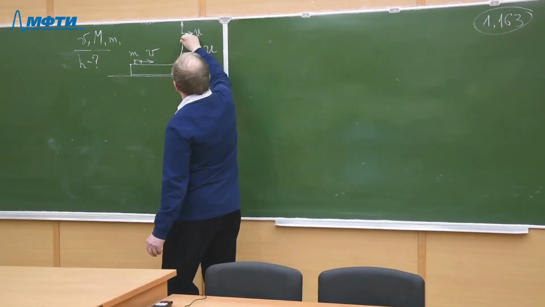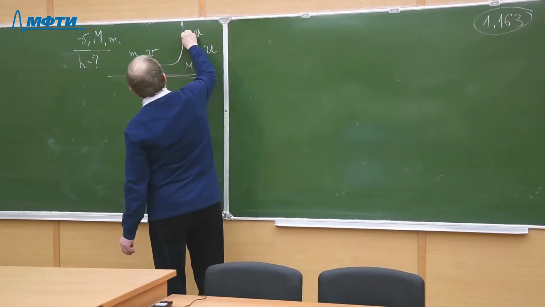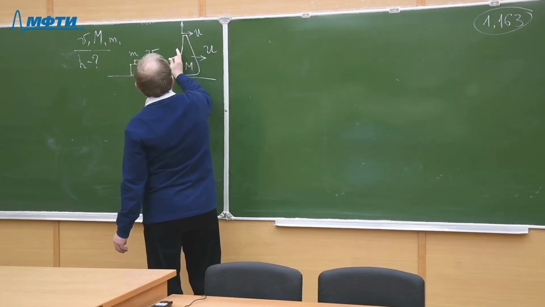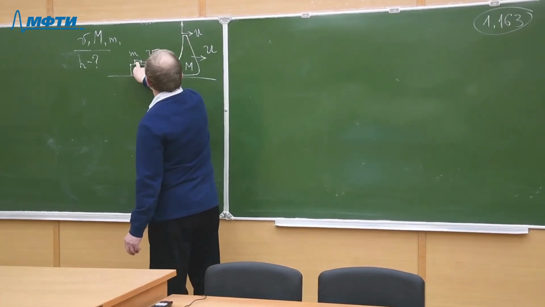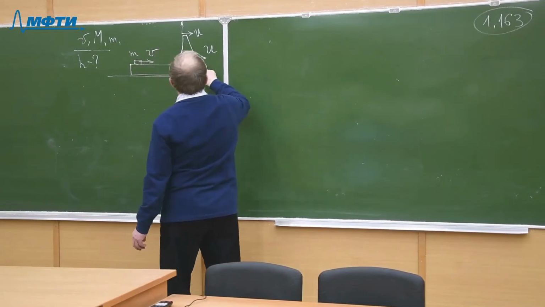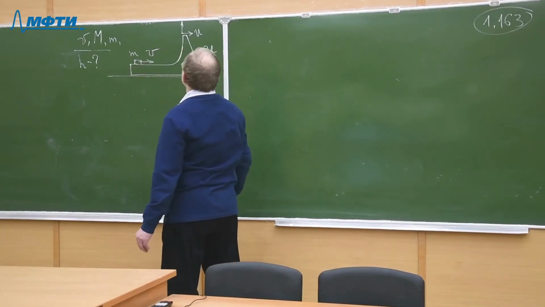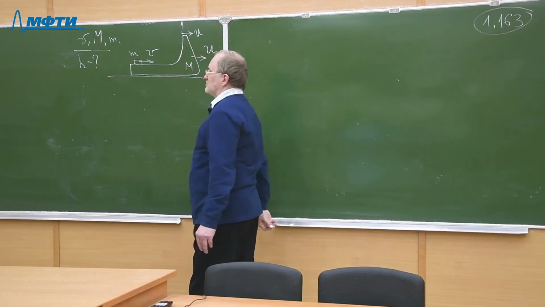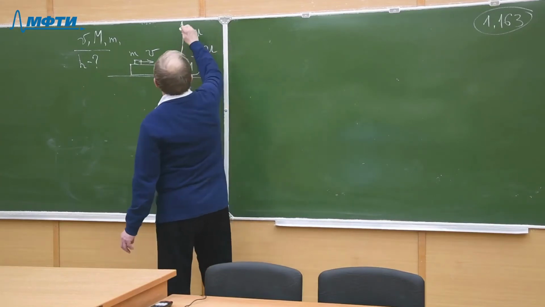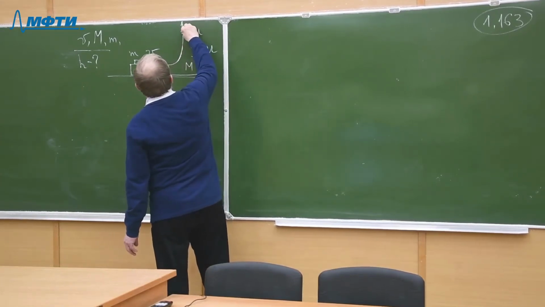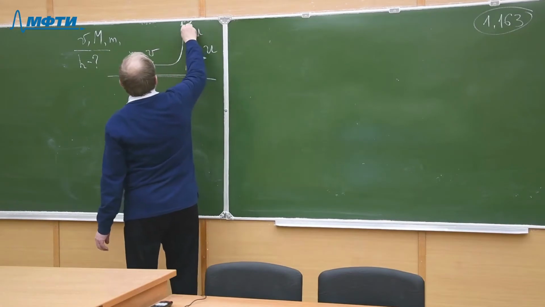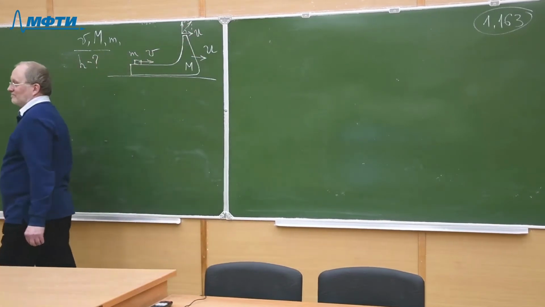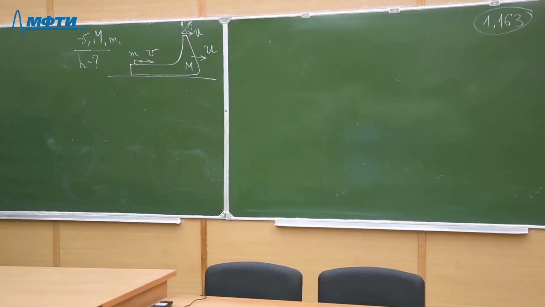When the small body goes along this vertical wall, the horizontal component of the velocity of the small body will coincide with the horizontal component of the velocity of the large body. So the actual velocity of the small body will be directed at some angle to the horizontal.